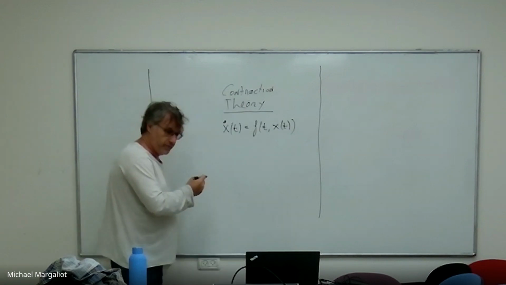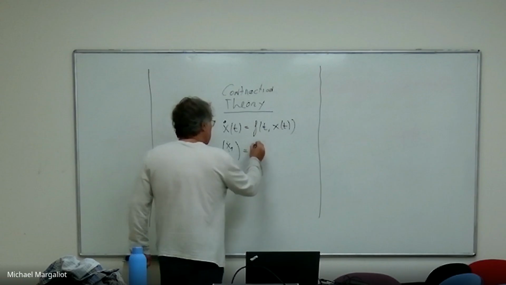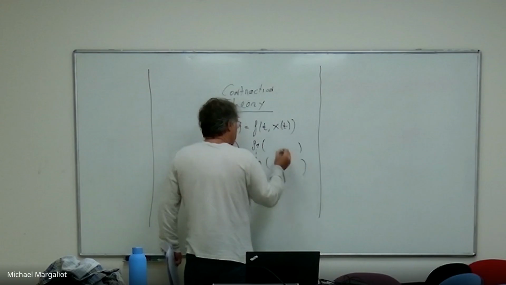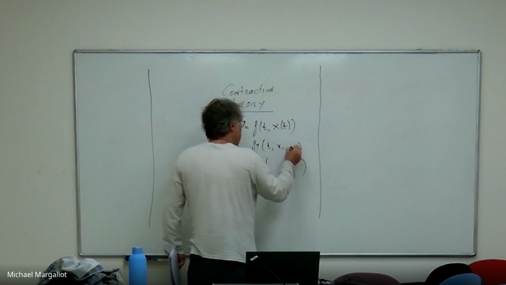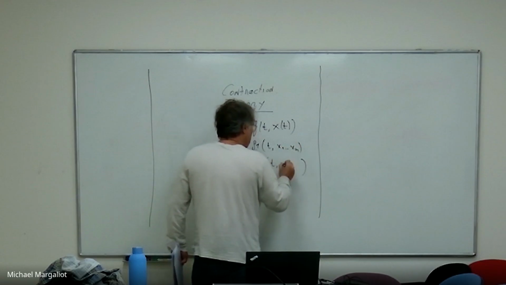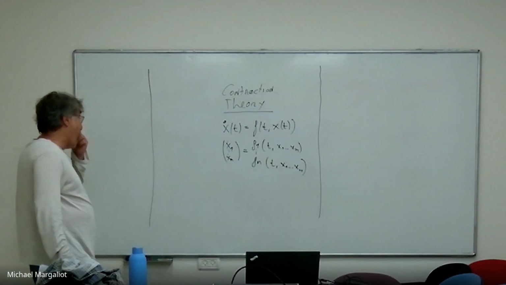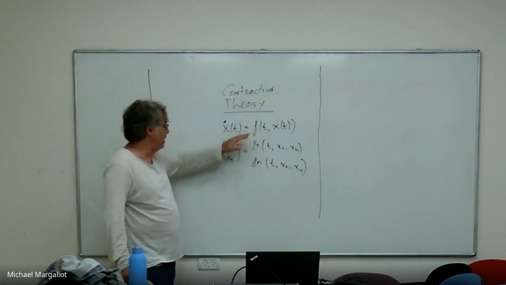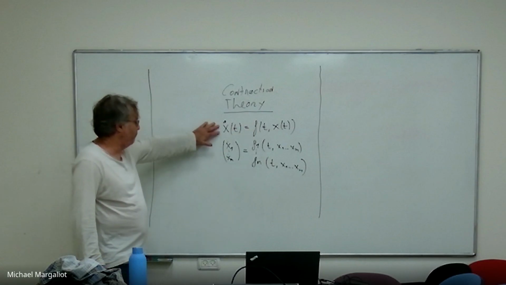What I mean by this notation is that I have n state variables. Each one has its own derivative. It depends on time and on all the other state variables. And instead of writing these equations again and again and again, I just write them in vector form once and for all.